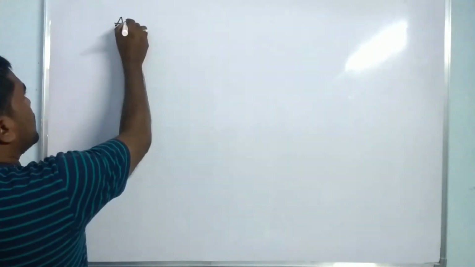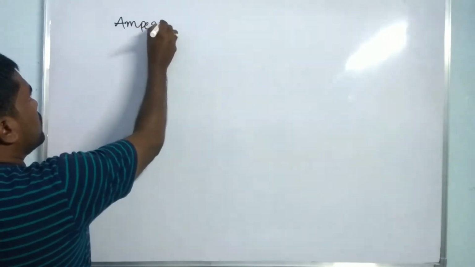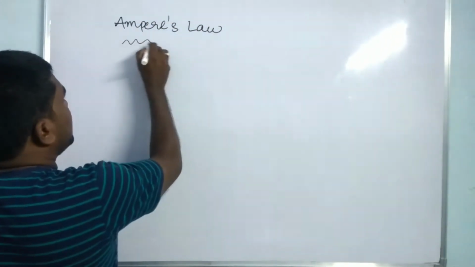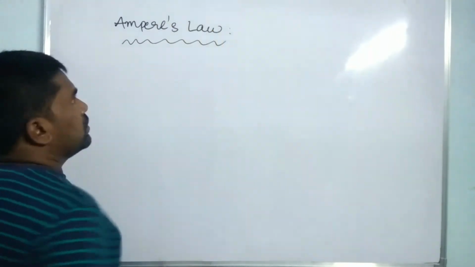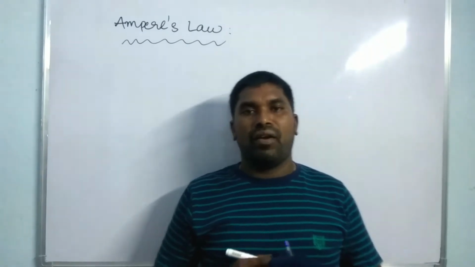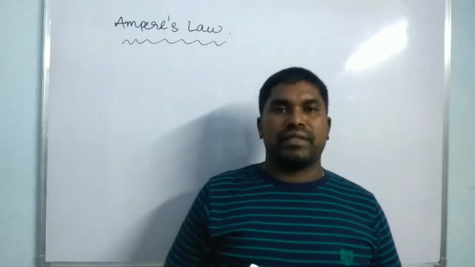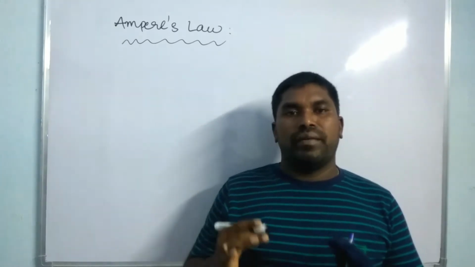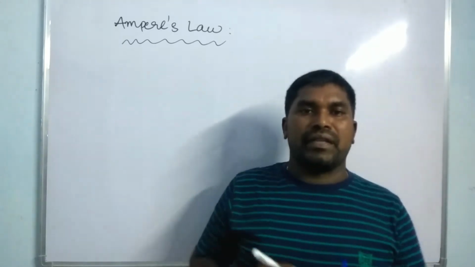This is Ampere's law. So what is Ampere's law? Ampere's law is used to find the magnetic field of any closed surface. The net magnetic field will be found out by using Ampere's law.